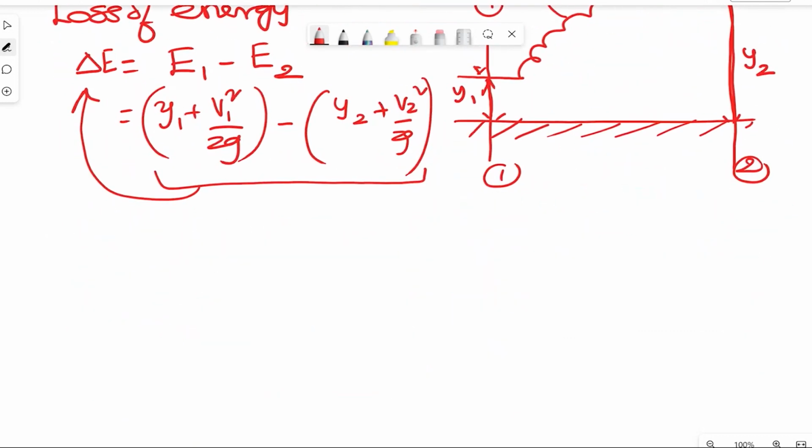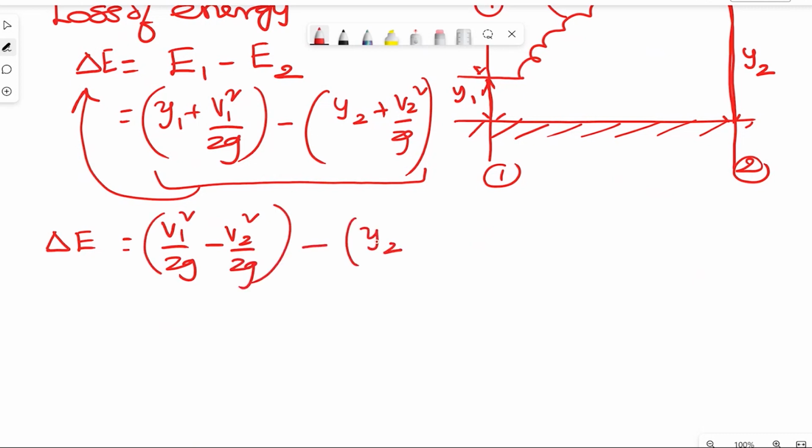Then delta E is equal to v1 squared by 2g minus v2 squared by 2g, and y2 minus y1 if I take it on the other side. So this is the first thing.